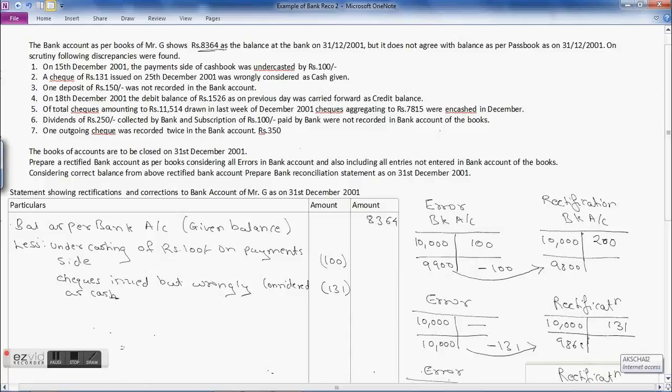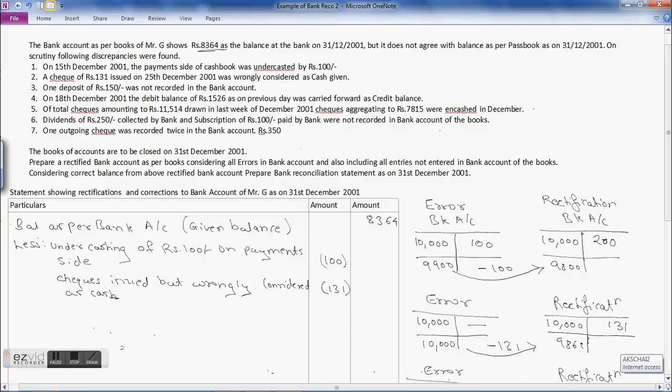Of total checks amounting to rupees 11574 drawn in the last week of December, checks aggregating to 7815 were encashed. When checks are drawn, they are immediately recorded in your bank account, whereas in the bank statement, checks are recorded only when they are encashed, that is, cleared.